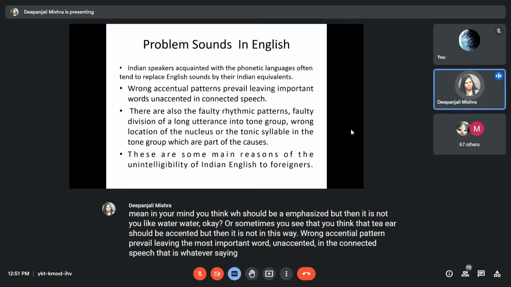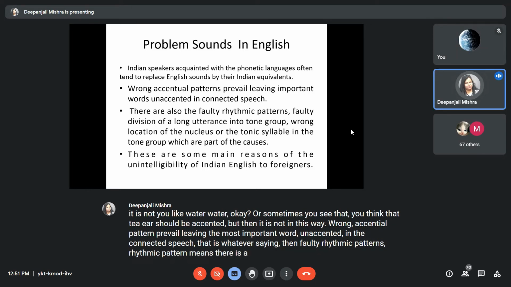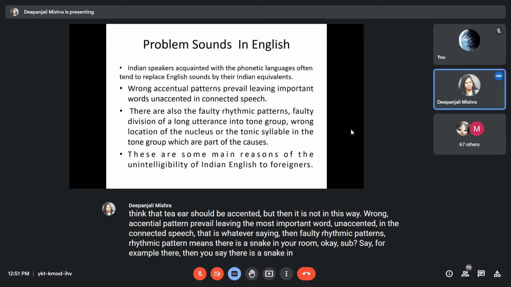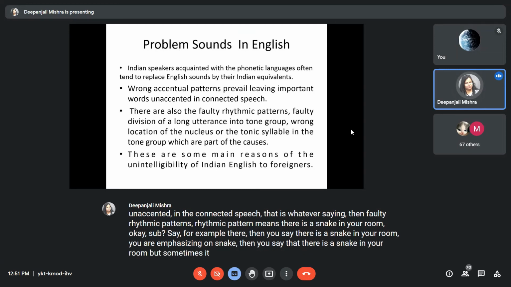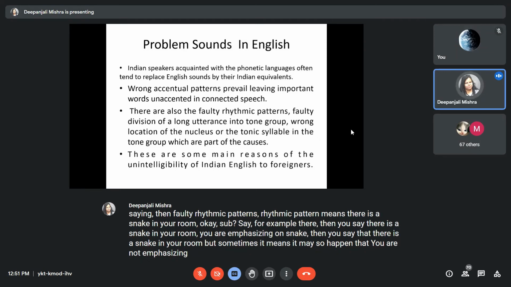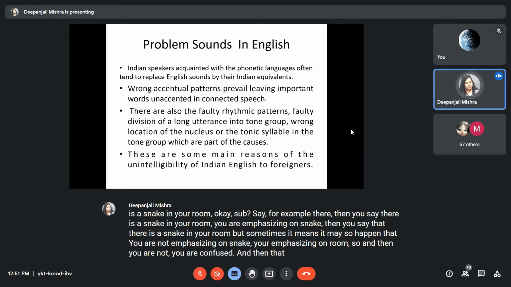Then faulty rhythmic patterns. Say for example, when you say there is a snake in your room, you are emphasizing snake. But sometimes it may happen that you are not emphasizing snake, you are emphasizing room. Then you are confused, and that creates faulty rhythmic patterns.